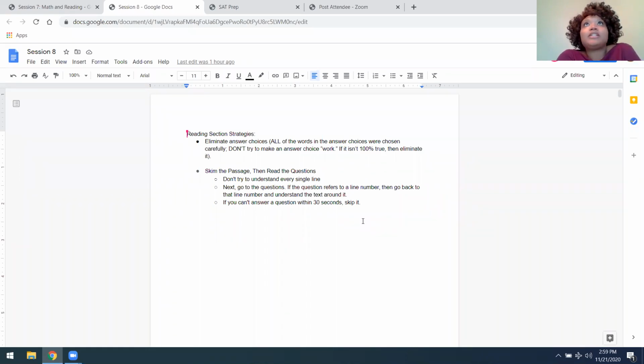And it's a good practice to look at the answer choices in that way, because a lot of times they're going to seem similar to each other. So you're going to have to differentiate which one is the correct answer. Well, duh, that's answering the question. But what I mean by that is there might be a minute detail in one answer choice that makes it wrong, but it otherwise sounds correct.